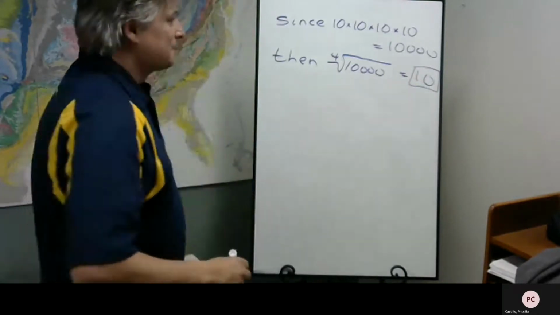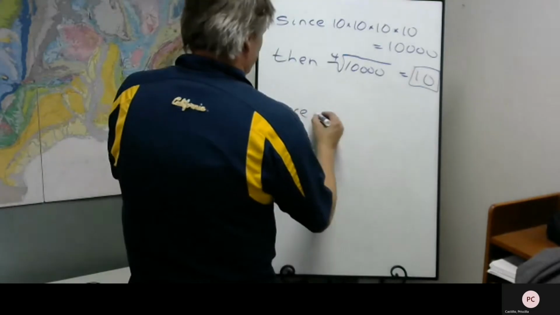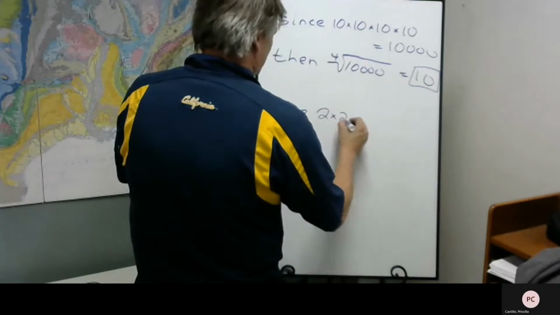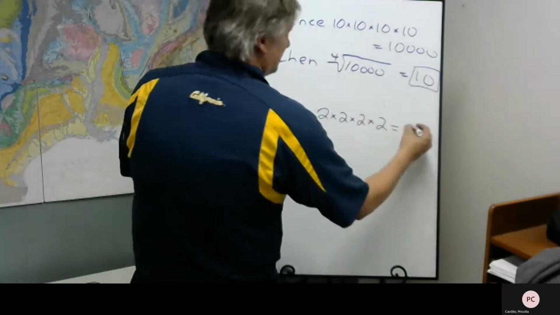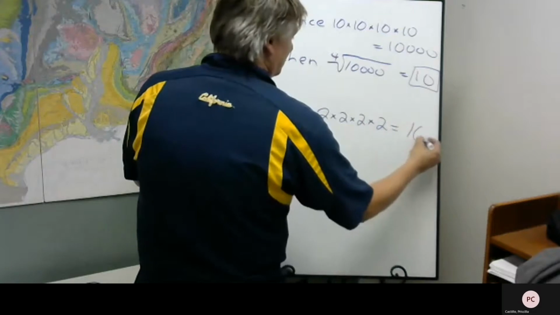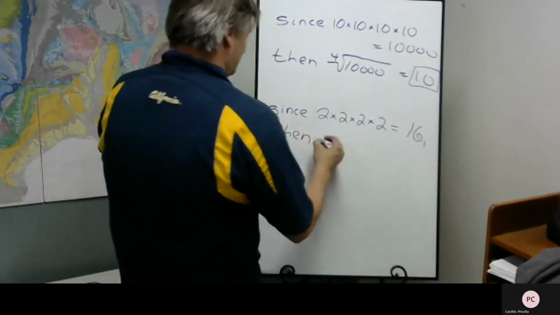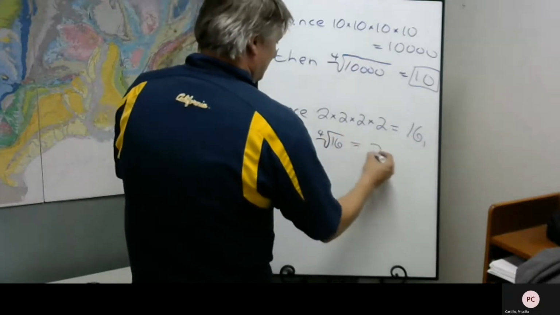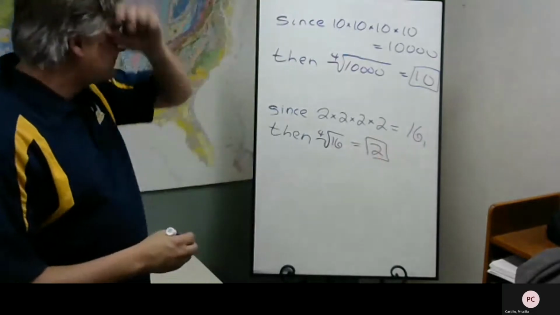And likewise, since 2 times 2 times 2 times 2 is equal to 16, then the fourth root of 16 is equal to 2.